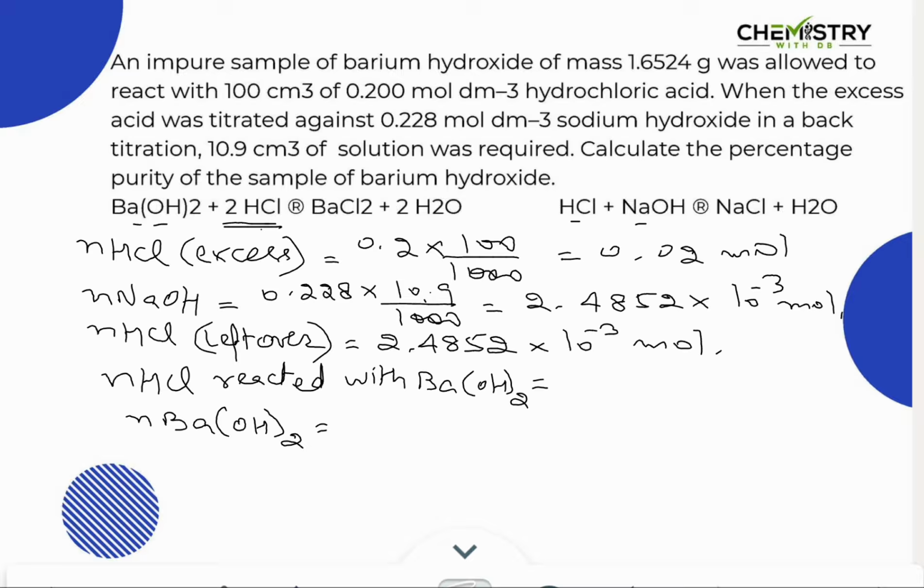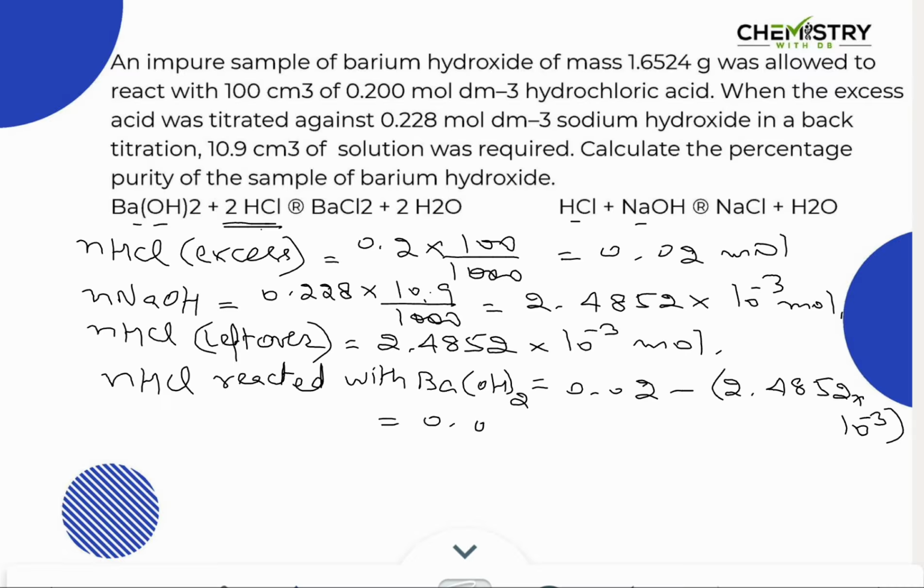So the difference will be equal to 0.02 minus 2.4852 times 10 to power minus 3, and that is going to be equal to 0.01751 moles.